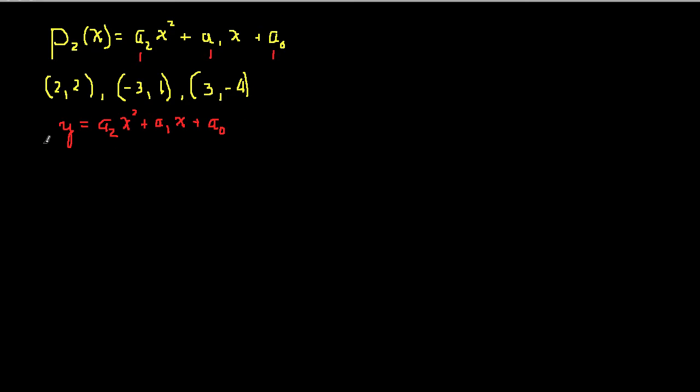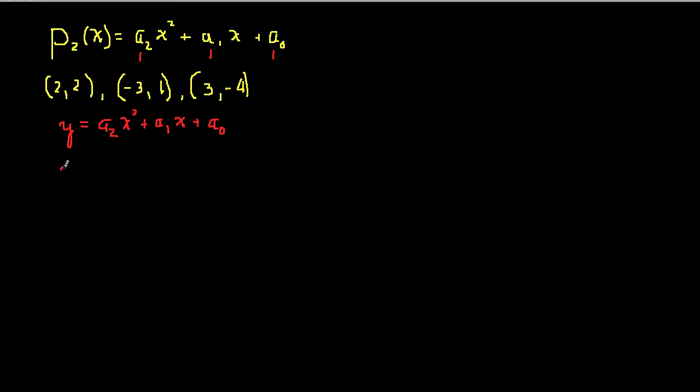So in order to do that, I'm going to write this equation like this. Y is equal to a sub 2 x squared plus a sub 1 x plus a sub 0. And now I'm going to write down my 3 equations, one for each pair of points. Okay, so the first equation I'll write in red. X is equal to 2 and y is equal to 2.